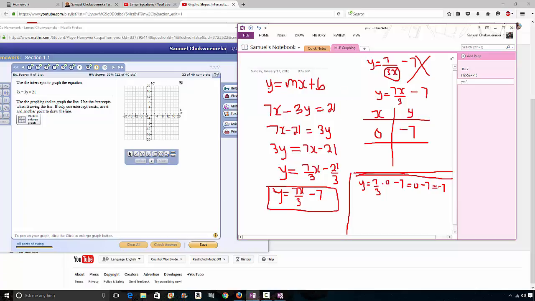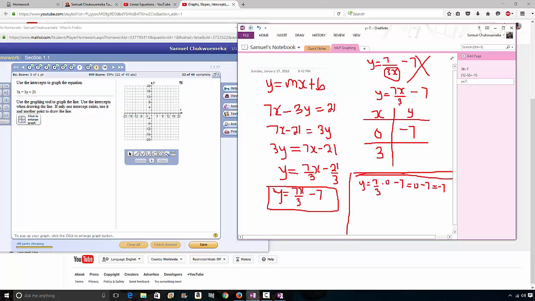So you ask yourself, what will you multiply? 3 is at the denominator. So when I multiply it by 3, it will cross out. So that is why I want to say when x is 3. If I have a fraction here at the slope, I need to multiply it with something that will eventually cancel out so that I still have my integer.